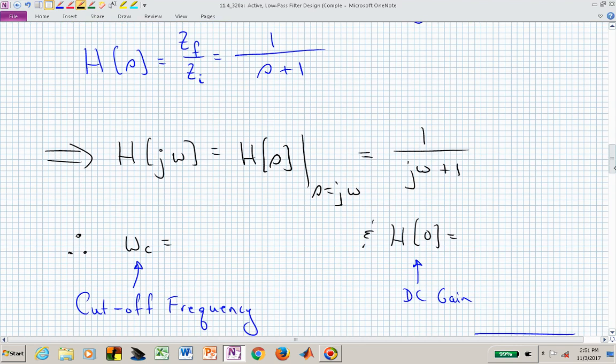But what's the cutoff frequency? In this case, it's just the value of omega associated with the pole. The pole was at -1 in this case, and so our cutoff frequency is 1 radian per second. Our DC gain, when omega is equal to 0, is equal to 1.